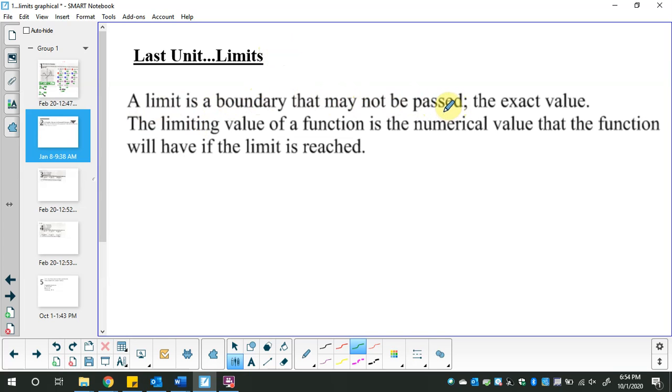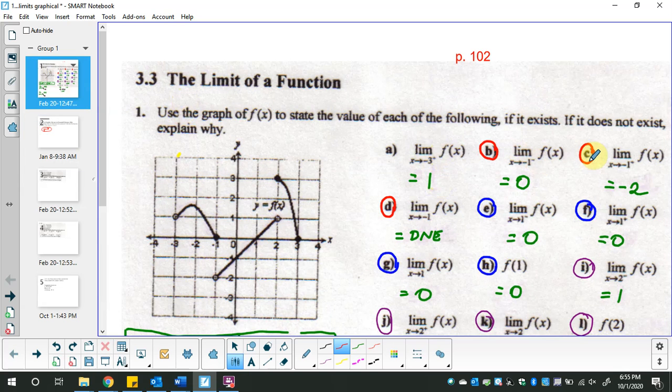So that means it could be the open circle, or it could be the dot. It's the exact value. The limiting value of a function is the numerical value that the function will have if the limit is reached. All those words mean is that I am looking for a y value, because in every single case I give you an x value. So your job is to give me kind of the response.